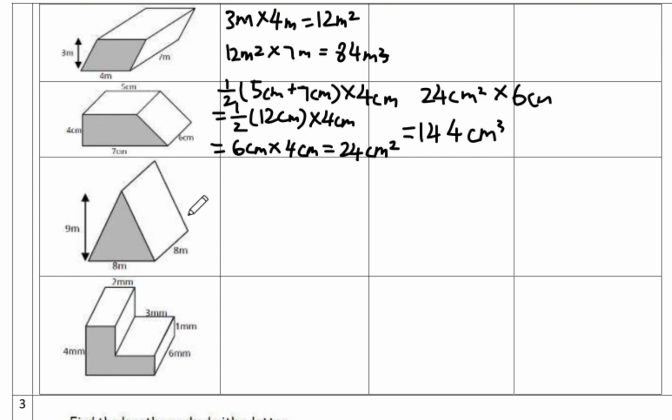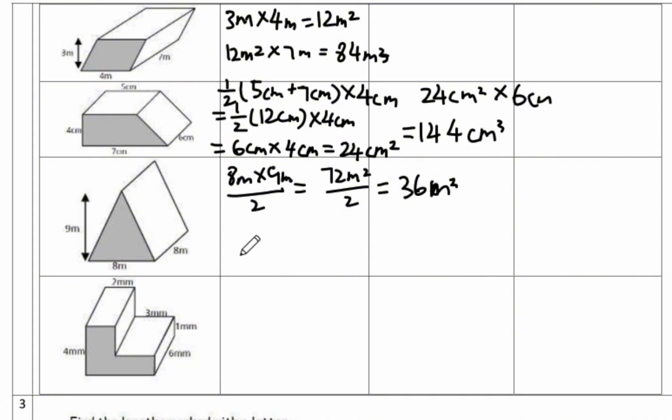For the third shape, we will need to find the area of the triangle first. So 8m multiply with 9m over 2 would equal to 72m squared over 2, which is 36m squared.